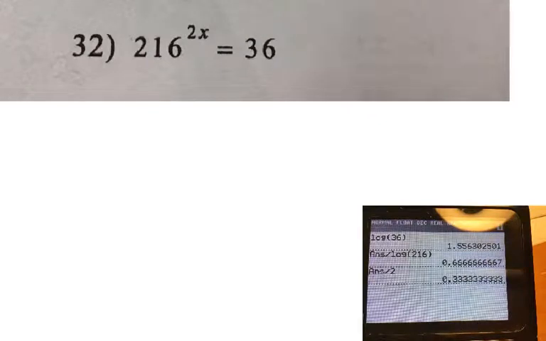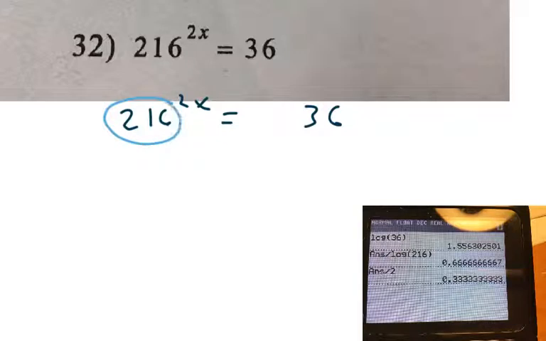So this one here, we're actually going to use our calculator to help us, as you'll find out. So let me go ahead and rewrite it, leaving some space in there to work with. So again, notice this one has a base on the powers 216, right?